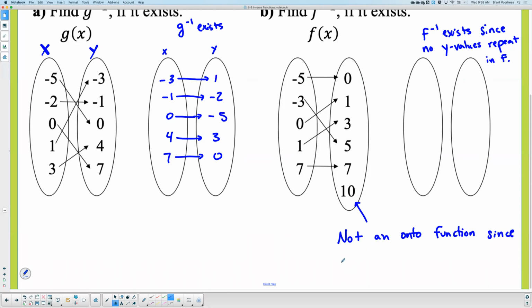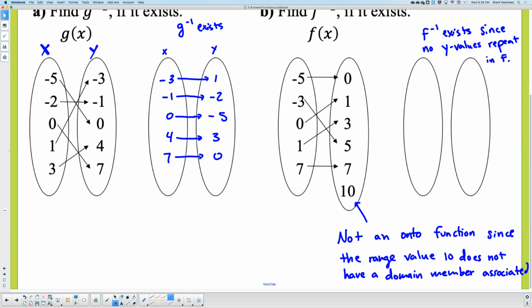Since 10 does not have a member, and since the range value 10 does not have a domain member associated with it.